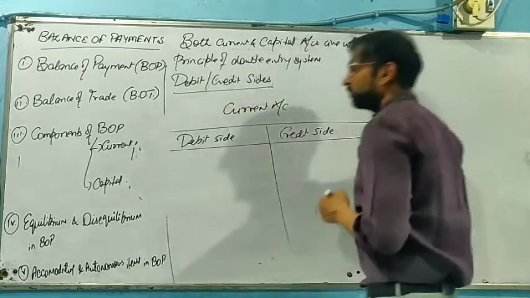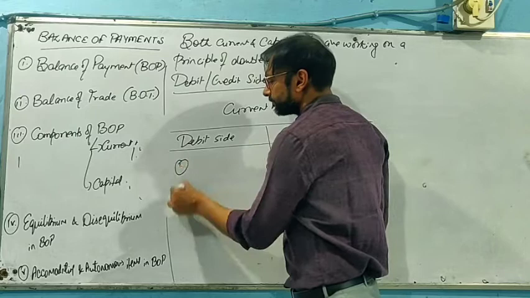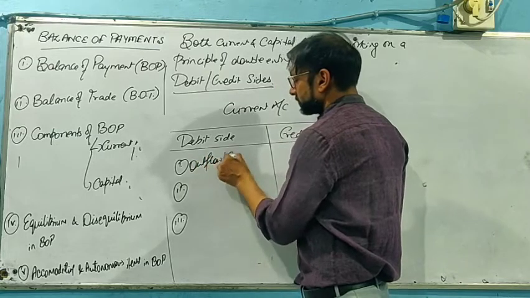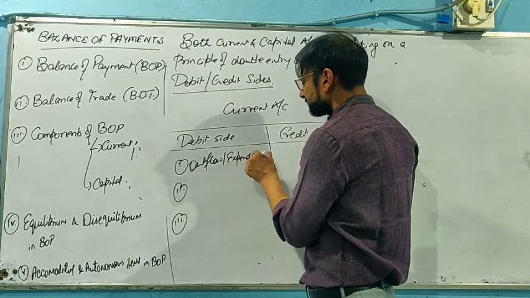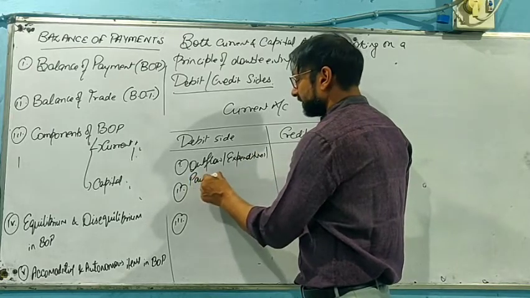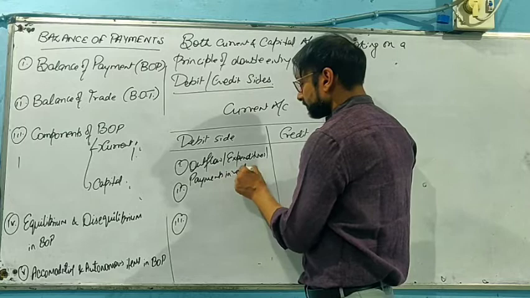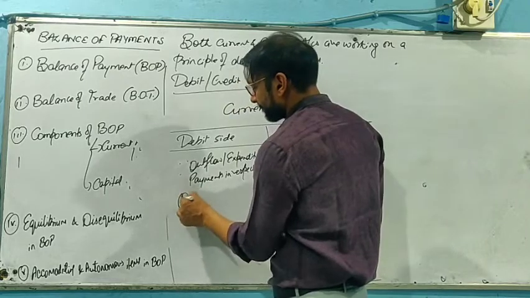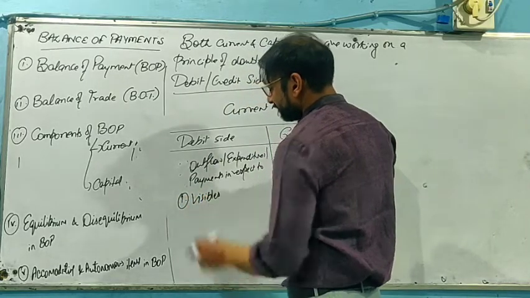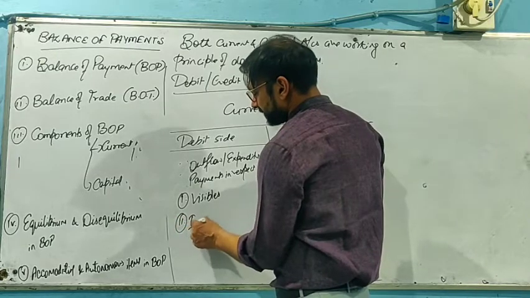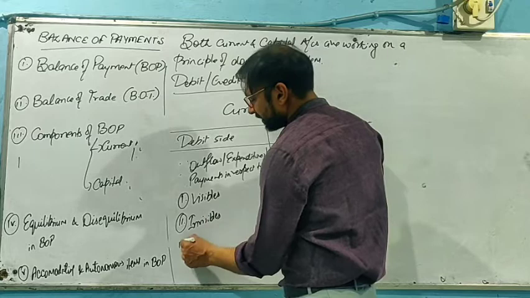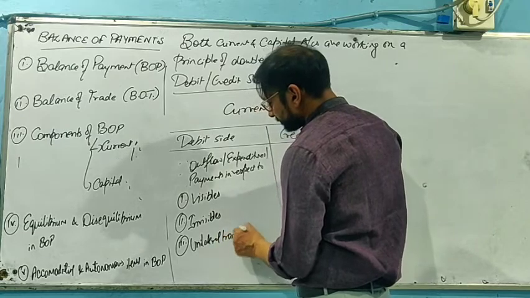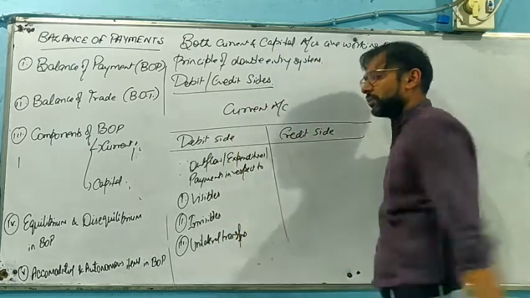So how we are going to manage all the outflows or expenditures or payments in respect to visibles, invisibles, as well as unilateral transfers will be shown on debit side.